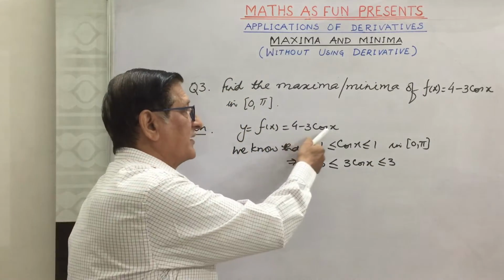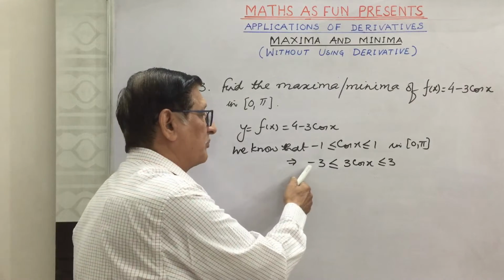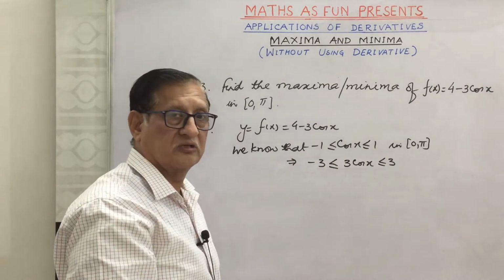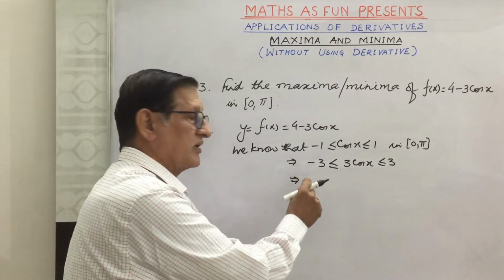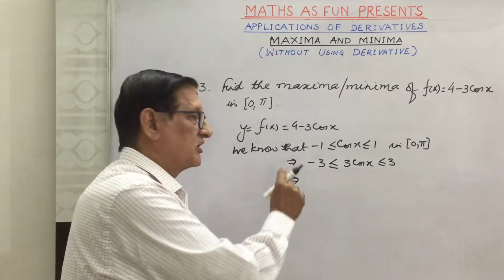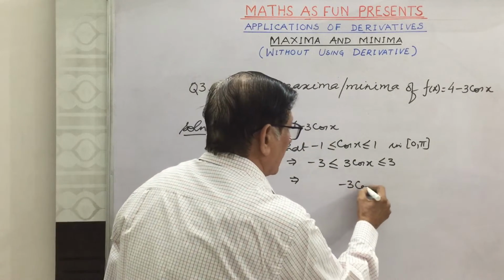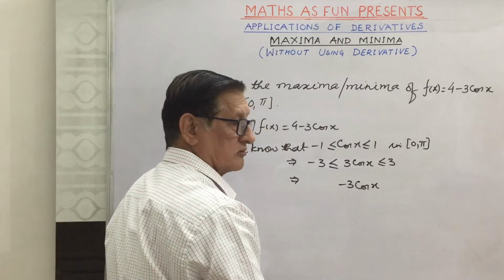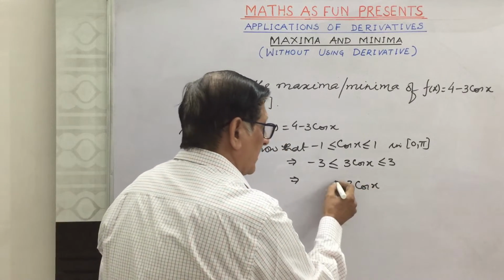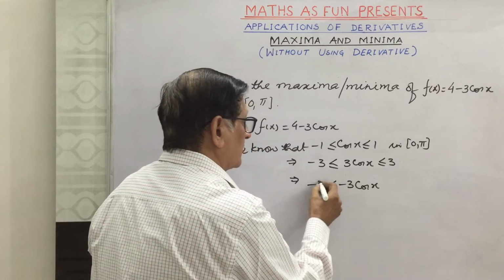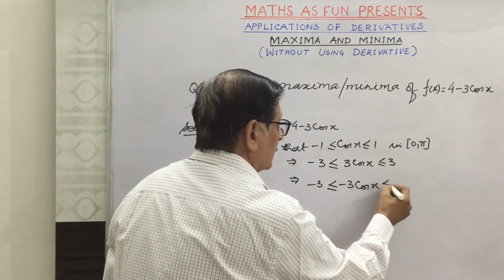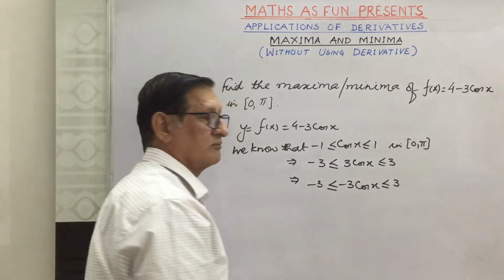Now since it is minus 3 cos x, we will multiply by minus 1 on all sides. And if we multiply by minus 1, we know that the sign of inequality will change. So here we will find minus 3 cos x will be greater than or equal to minus 3 and less than or equal to 3.